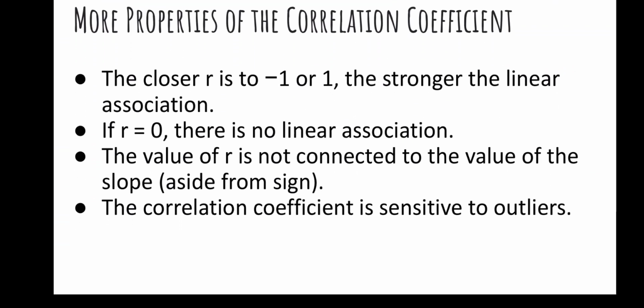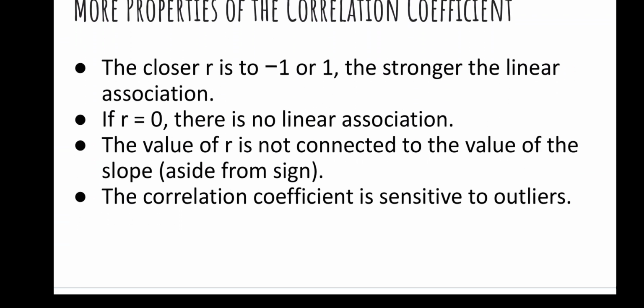Okay, so other properties. We know if r is a positive number, it's a positive correlation, and if it's a negative number, it's a negative correlation. But what do the numbers themselves mean? Basically, the closer a number is to 1, or the closer it is to -1, the stronger the correlation.